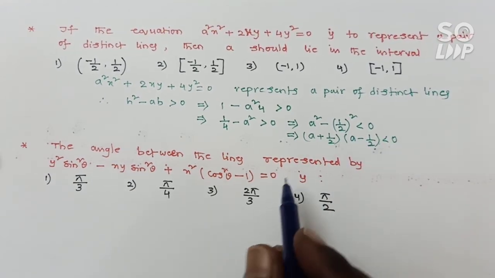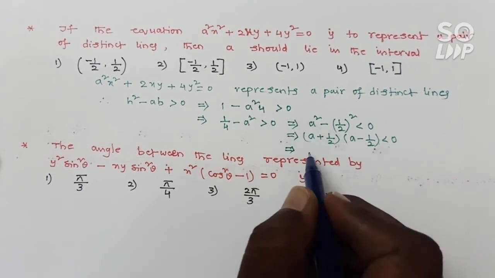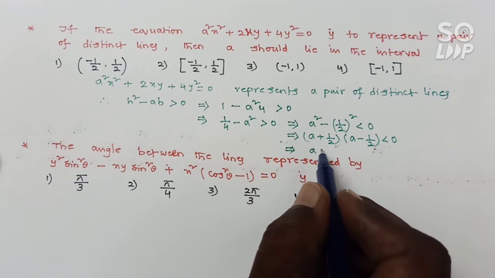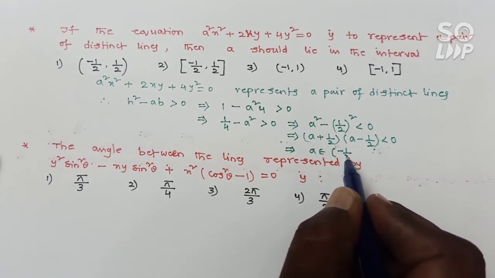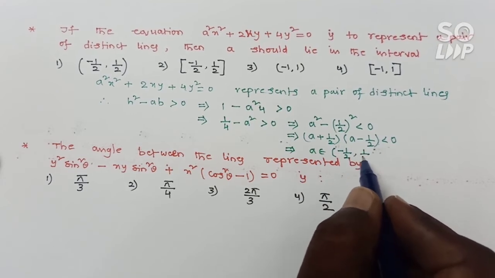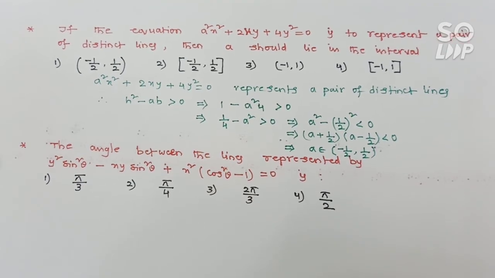By using the wavy curve, you want that a lies in which interval? A belongs to the open interval minus 1 by 2 comma plus 1 by 2. So this one is the solution, right? This is a very important and concept-wise problem.